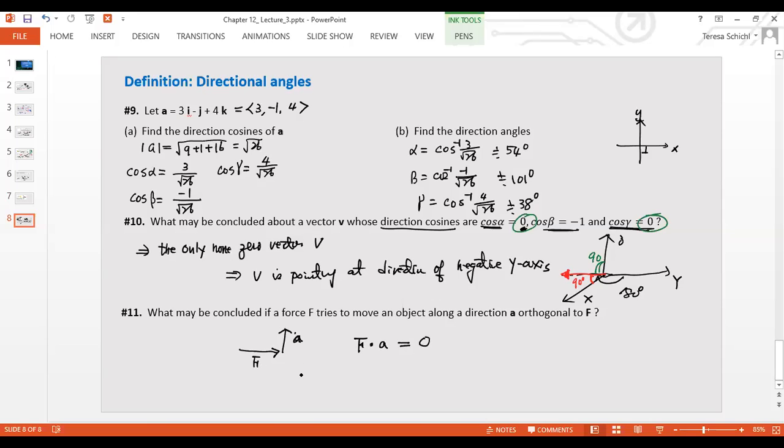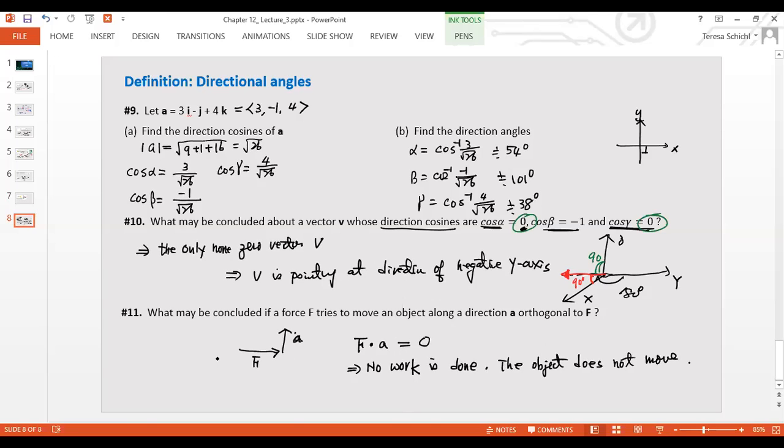It is 0, right? That means no work is done, correct? If no work is done, what does that mean? That means the object does not move. Clear?